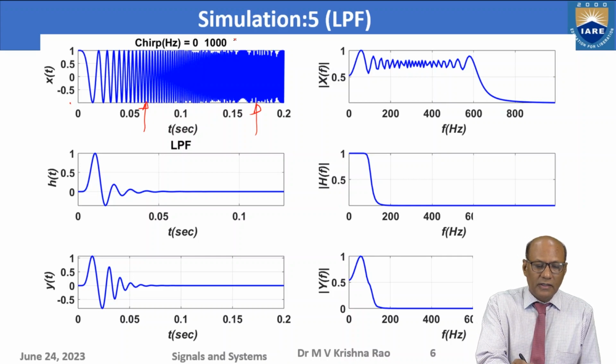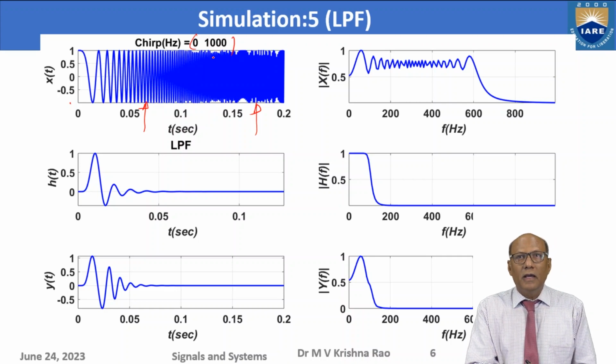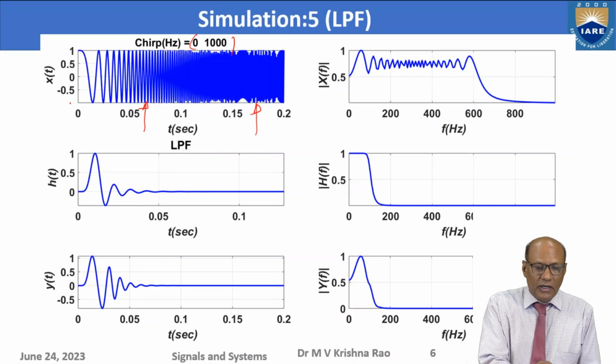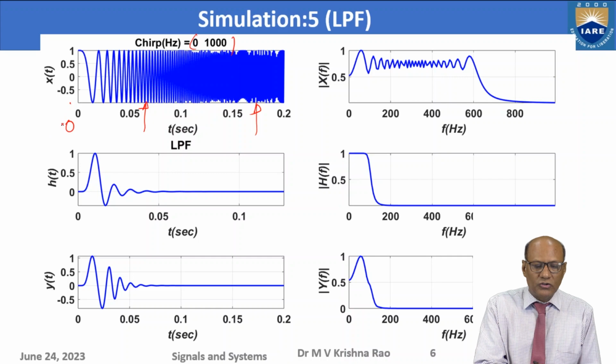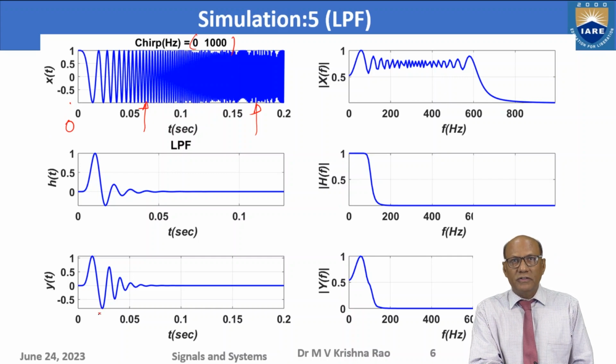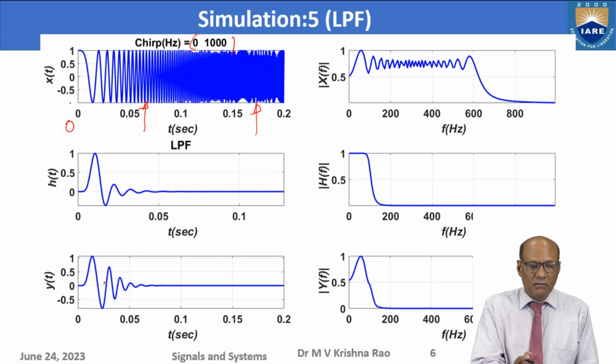So this frequency is increasing from lower to higher. Here in our case, I have started with 0 Hz and ended with 1000 Hz, that is 1 kHz. And I am starting at the left side, that is when t equal to 0, I have the 0 frequency. I am starting from less than 1 Hz.